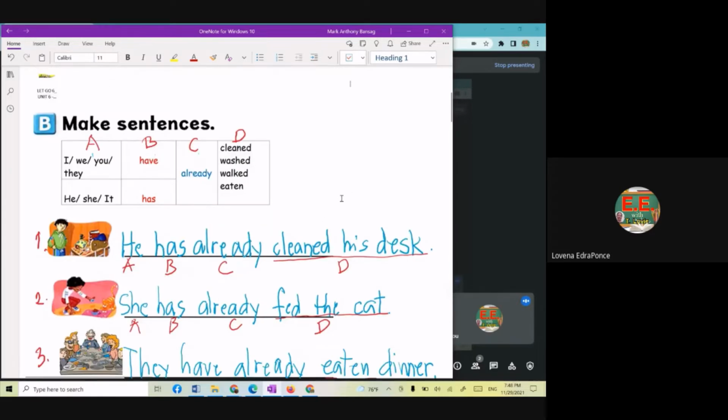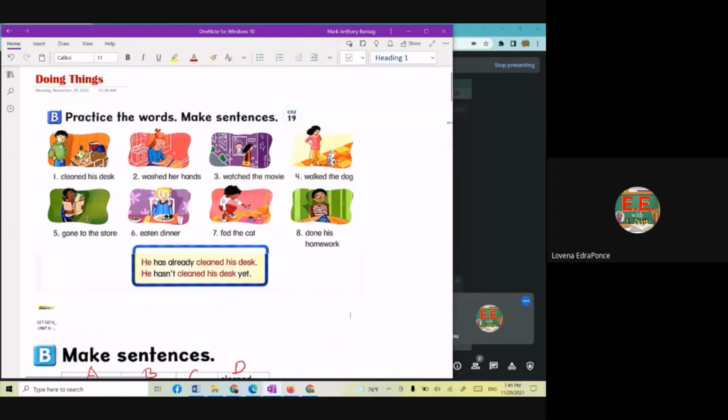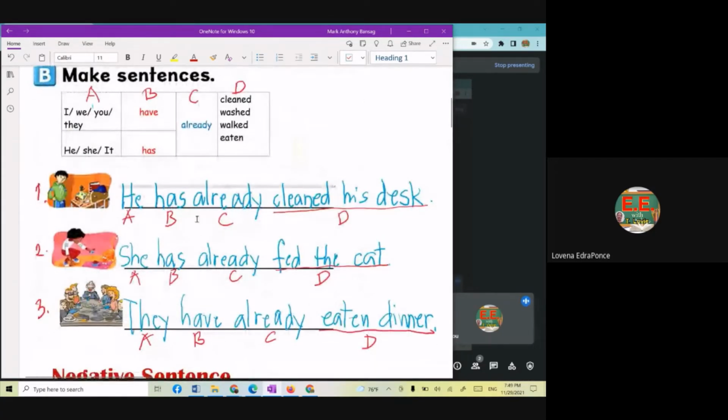For example, number 1, this one is he, and if we're going to use he, our verb is has. So he has already, and our action is number 1, cleaned his desk. So he has already cleaned his desk.